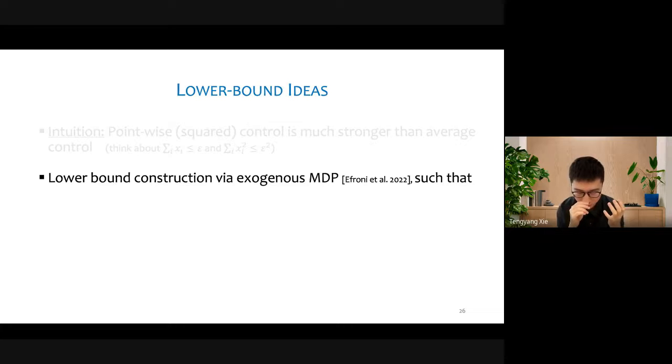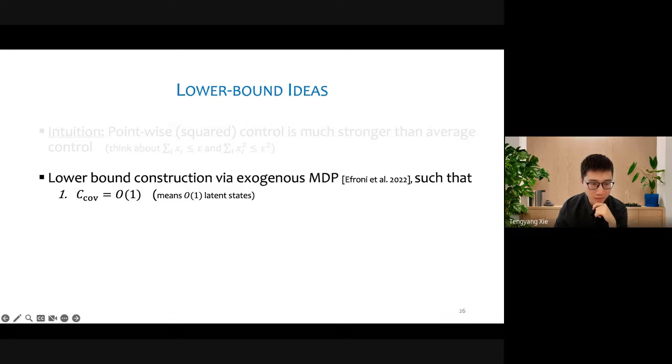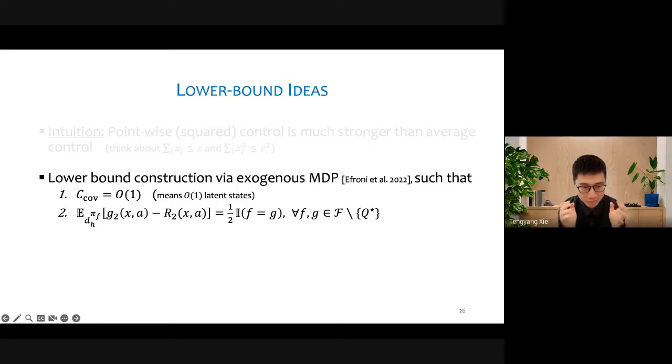I will not show you the construction here since it is a little long, but it satisfies the following properties. The first one is that C cover is actually 1, which means we only have one latent state here. However, in terms of the average Bellman error, as long as your f and g are different, and neither of them is q star, then the Bellman error of g on the distribution of f will be 1/2.